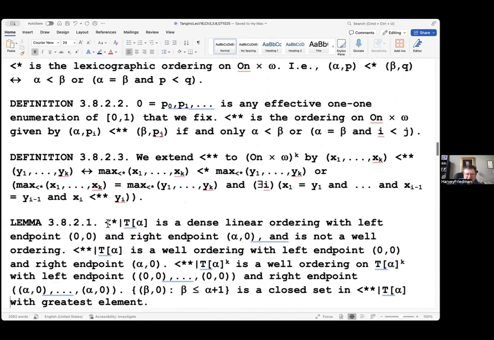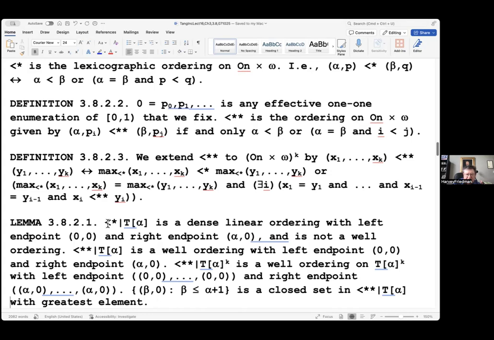Then less than double star gets extended to any Cartesian power of ON cross omega by this lexicographic lex max process.